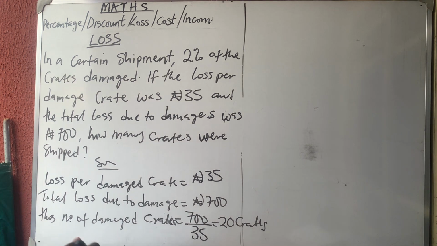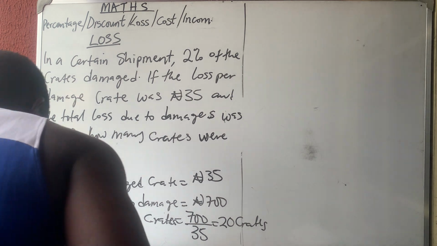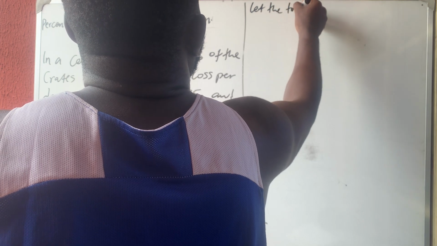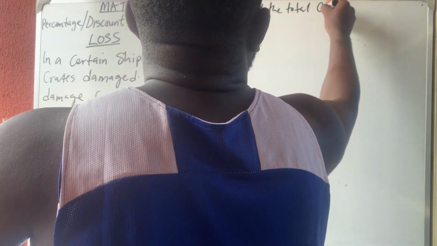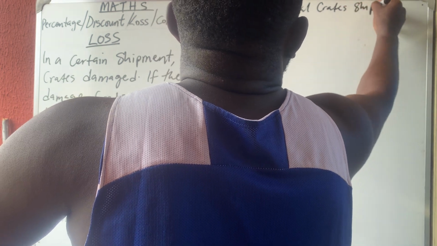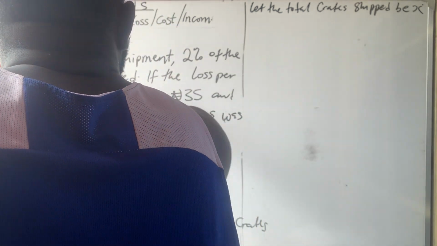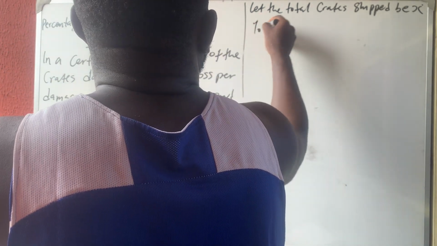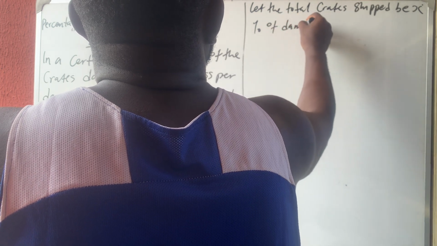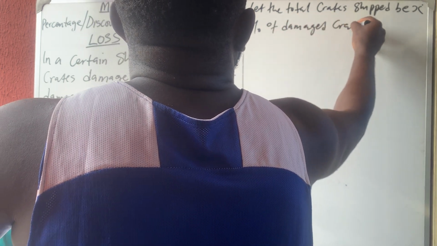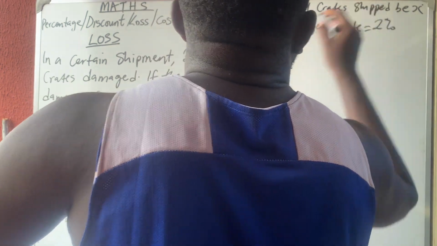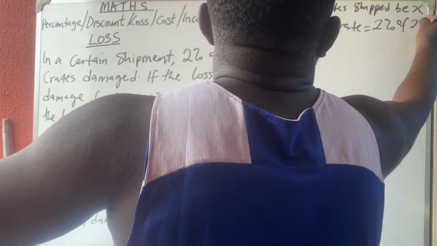All right. So he has 20 crates that damaged, and 2% of the shipped crates got damaged. So let the total crates shipped be X. The percentage of damaged crates is 2% of the total.